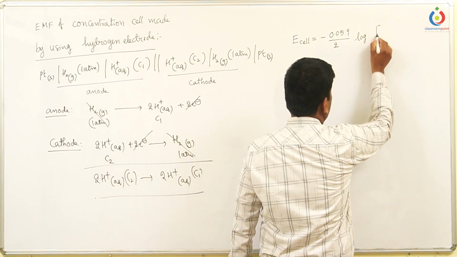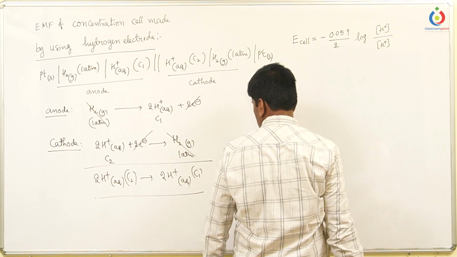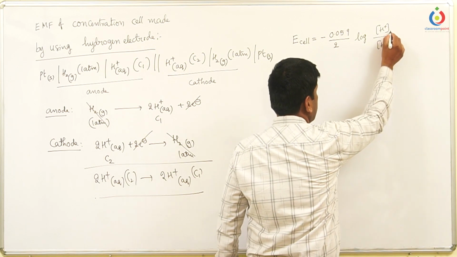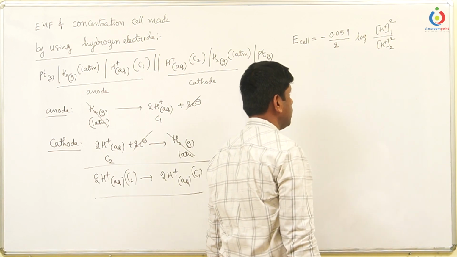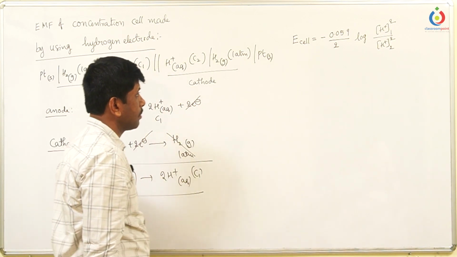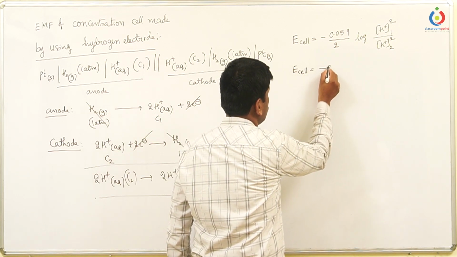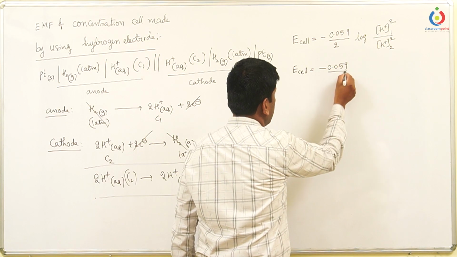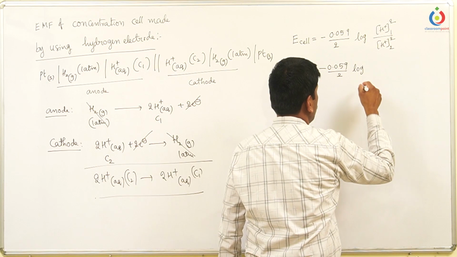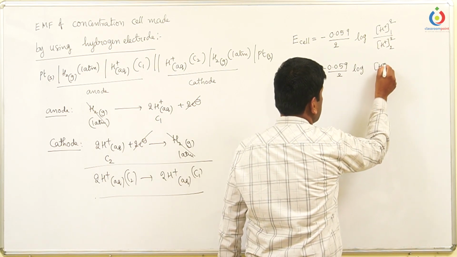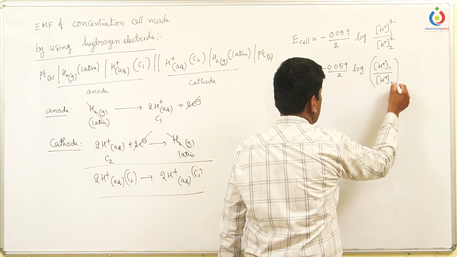So the concentration of H plus ion product C1, squared, over the concentration of H plus ion C2, squared, because 2 moles are involved here. Now this can be written as E cell equals minus 0.059 by 2 into log, and since the complete square is present, concentration of H plus 1 over concentration of H plus 2, whole squared.